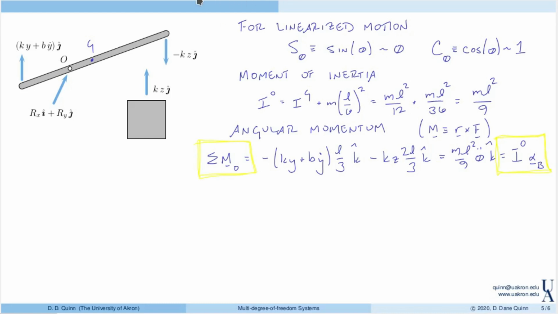Then, let's do linear momentum balance over here, on the block. Looking at the block, we have the sum of the forces. Well, there's only one force, kz in the j direction, and that's going to be m x double dot.